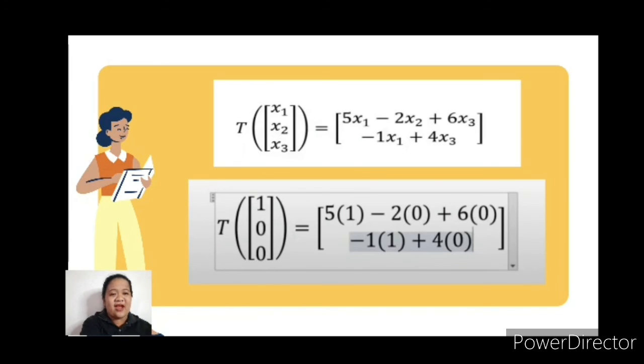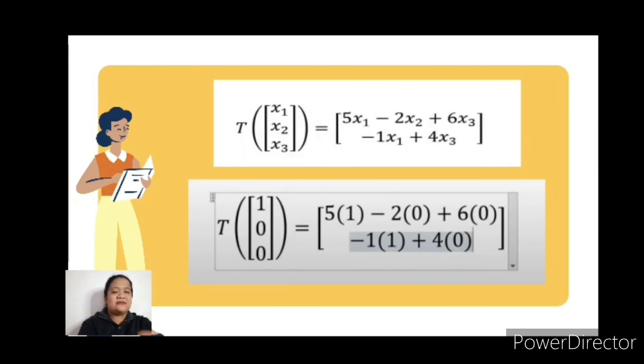Since the first column is 1, 0, 0, we substitute it into our linear form. So 5 times 1 minus 2 times 0 plus 6 times 0, since x1, x2, and x3 correspond to 1, 0, 0 in the first column.